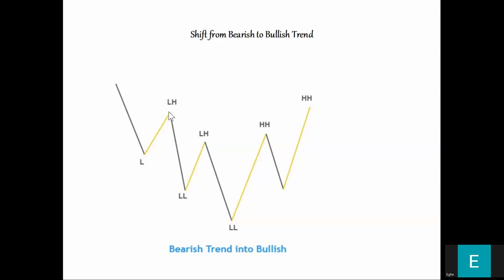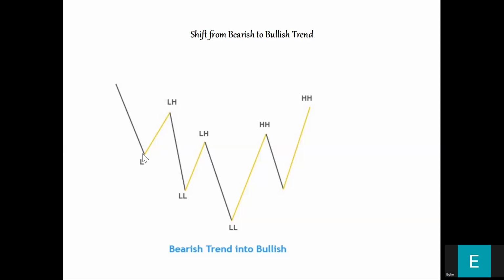Now, the next push will be to break this high and this low to the downside. Once this low is taken and price has created a lower low, this low is lower than this.